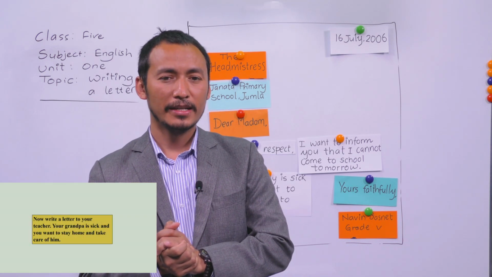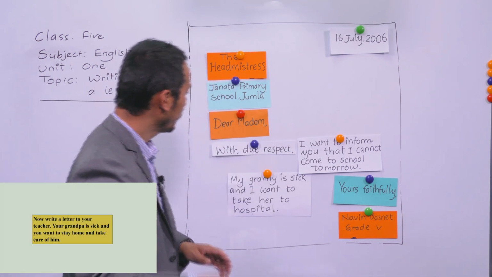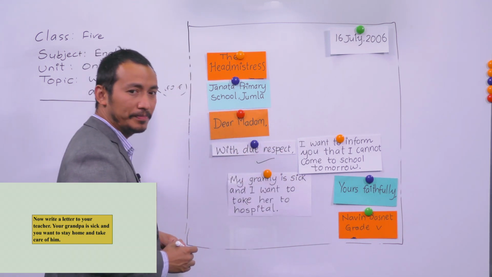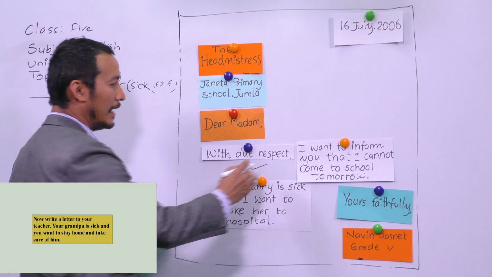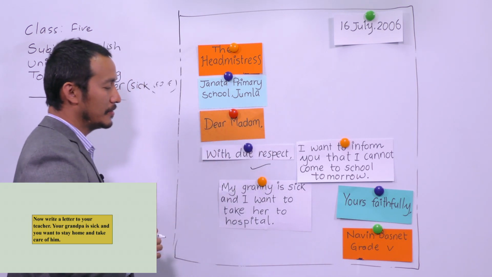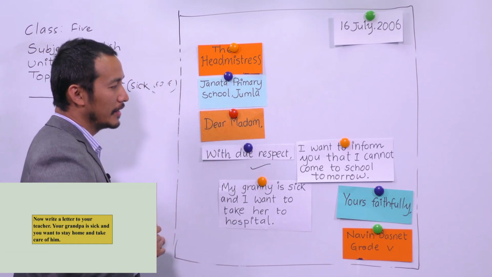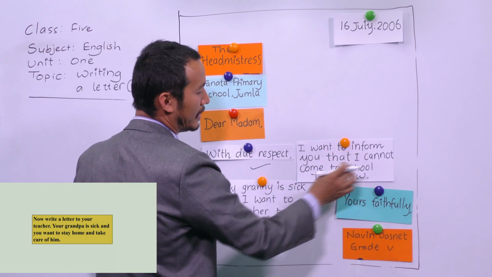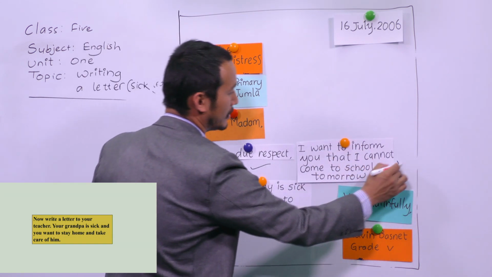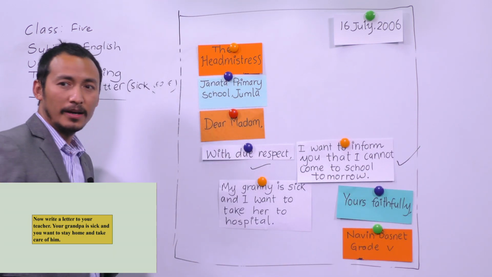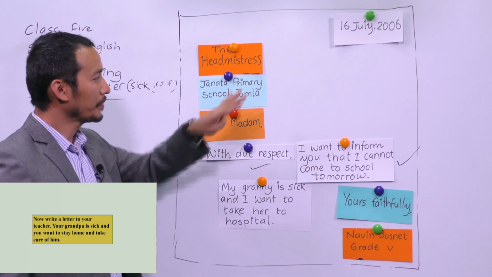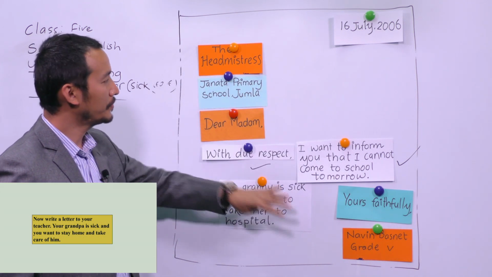I think you can. With due respect, you can start with the same thing. All right, students, same starting sentence. Then you can write that I want to inform you that I cannot come to school tomorrow. This is also the same. Are you clear? You can write the letter in the same format.